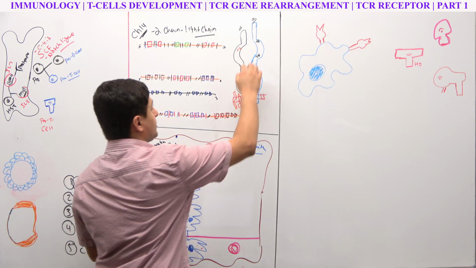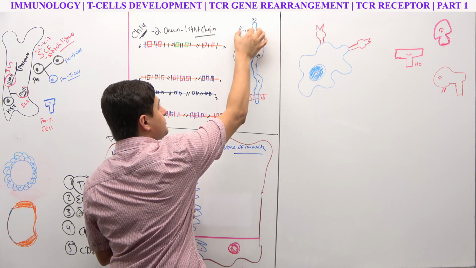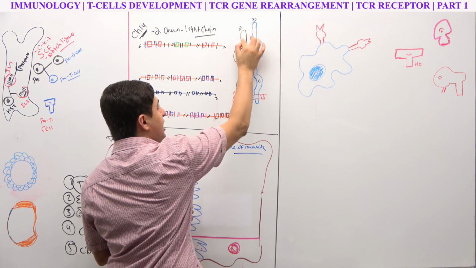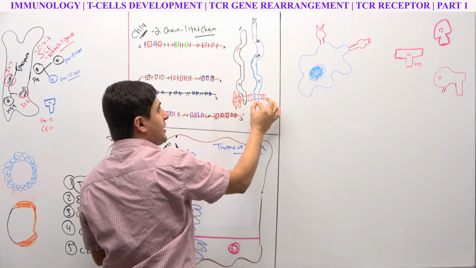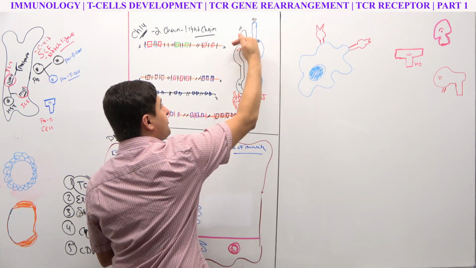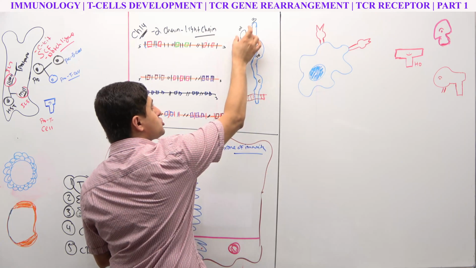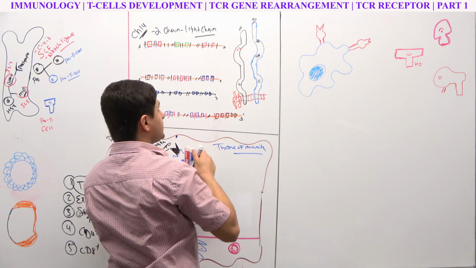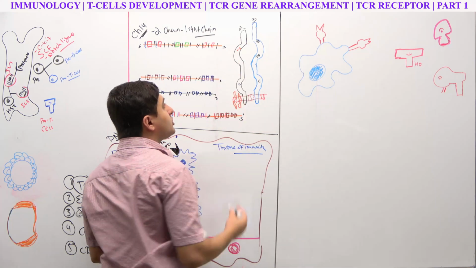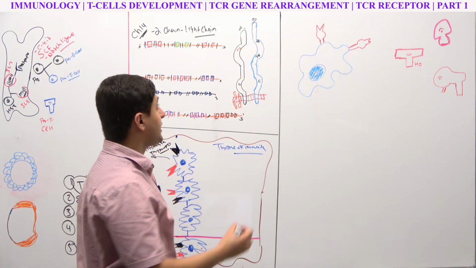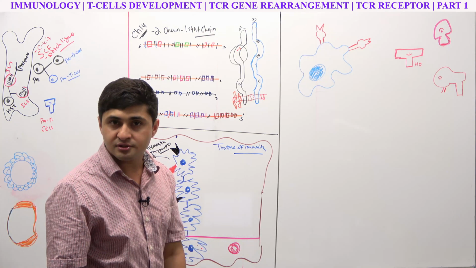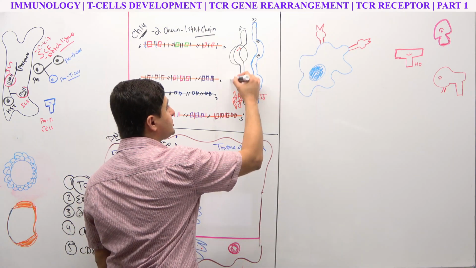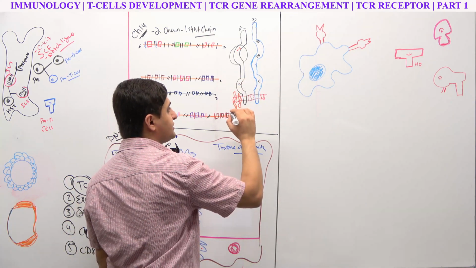If you look at this receptor, this is an alpha chain right here, and this is, let's say, a beta chain right here. If you look at the alpha chain, there are different segments. This portion we call the variable region. This portion is the joint region, and then you have a constant region because that stays constant.